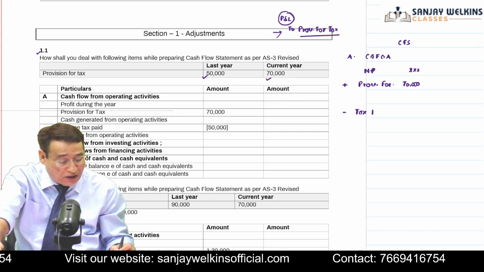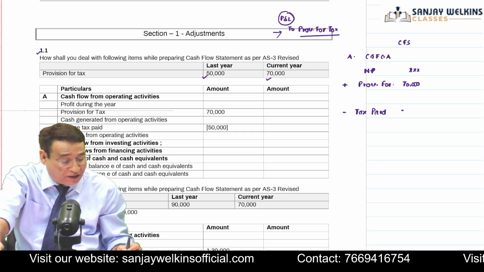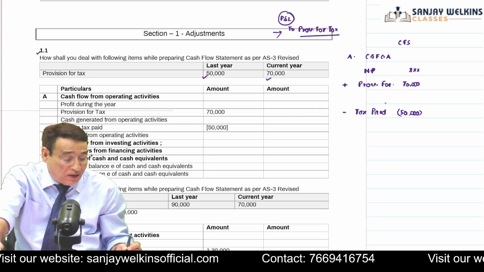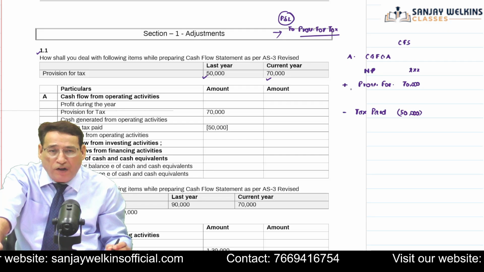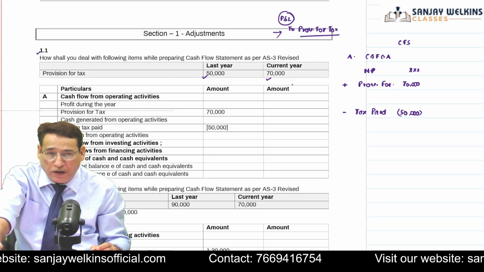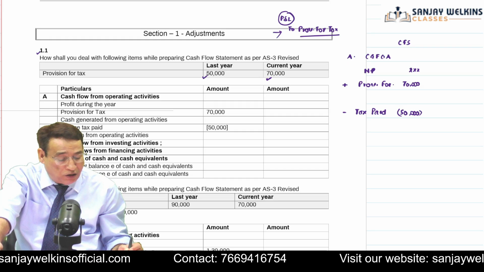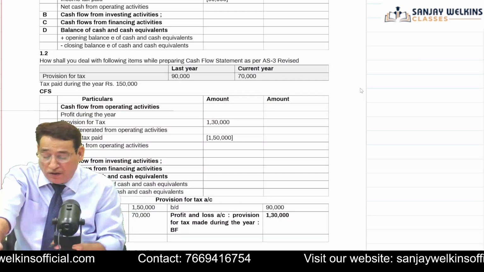So last year's provision for tax will be written as tax paid as the last item in the cash generated from operating activity. That means treatment of provision for tax is confined to cash generated from operating activity. Current year's provision will be added and last year's tax paid will be subtracted. So if provision for tax is given in the balance sheet, then there is no problem.